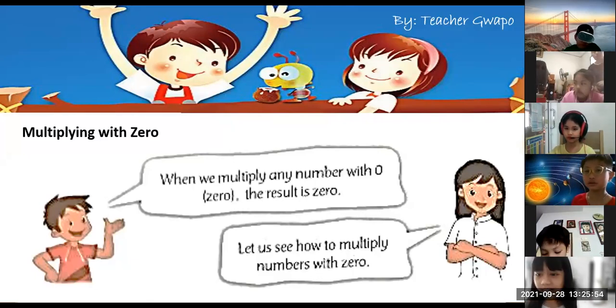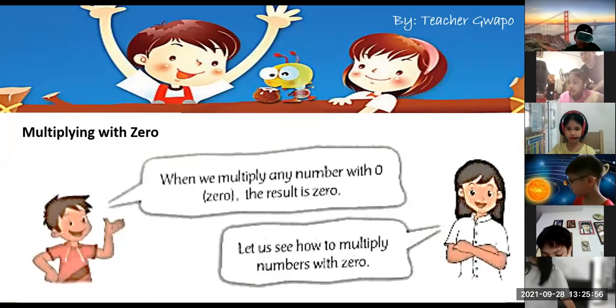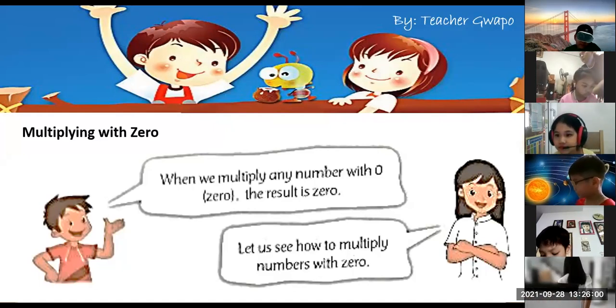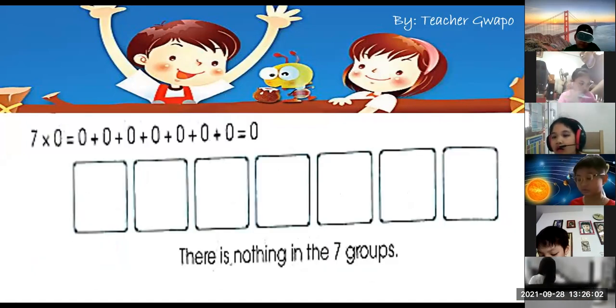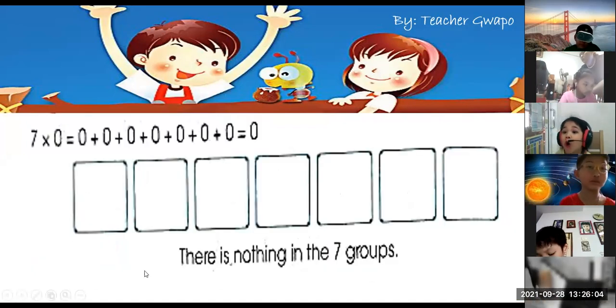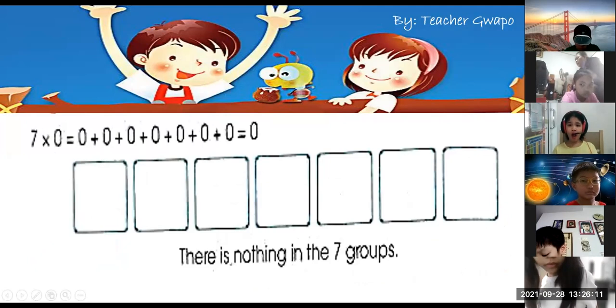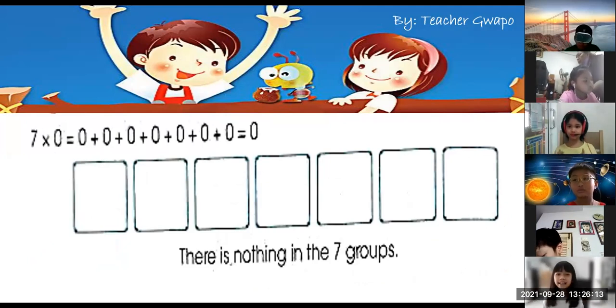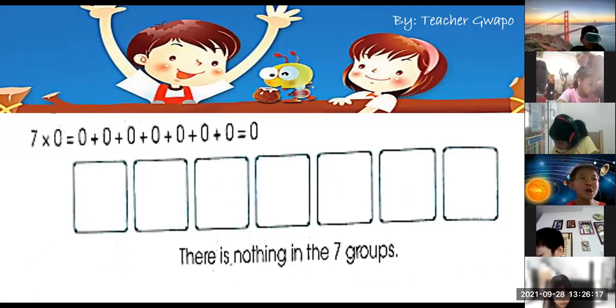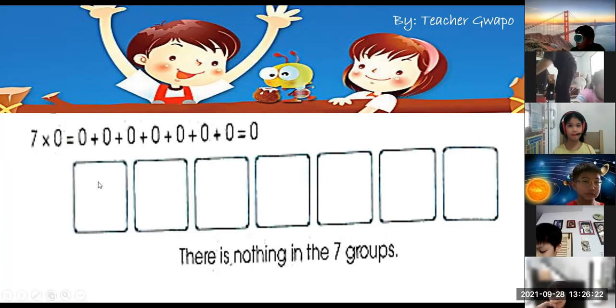Any number that you multiply by 0, the answer is 0. Now look here. 7 times 0. So 0 plus 0 plus 0 plus 0 plus 0. There's nothing. That's why any number that you multiply by 0, the answer is 0. Because there's nothing in here.